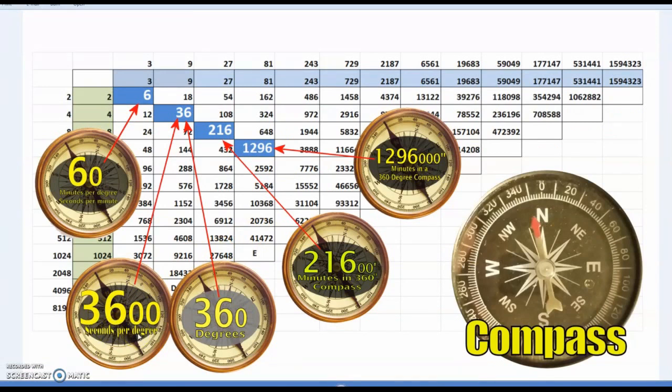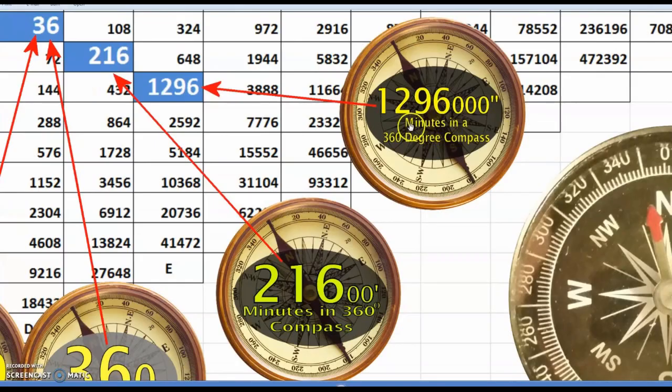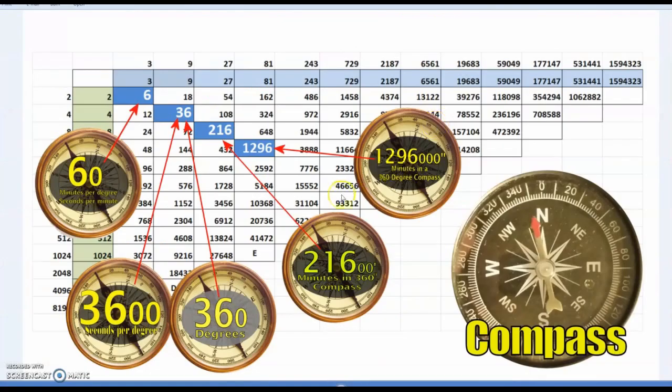It's the same thing that's happening with time, 60 seconds per minute, 60 minutes per hour or per degree, which means the compass has 21,600 minutes in a 360 degree compass, 216, and there are 1,296,000 seconds in the compass. It's not minutes there, it's seconds, but anyway, typo there.